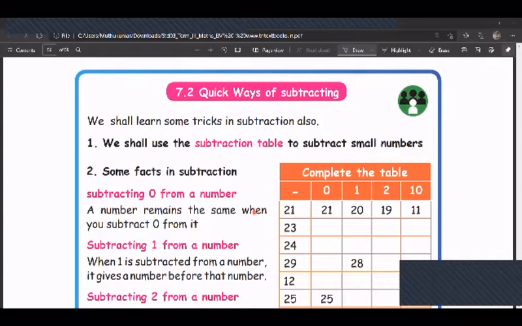For example, 21 minus 0, the answer is 21. 23 minus 0, the answer is 23. 24 minus 0, the answer is 24.